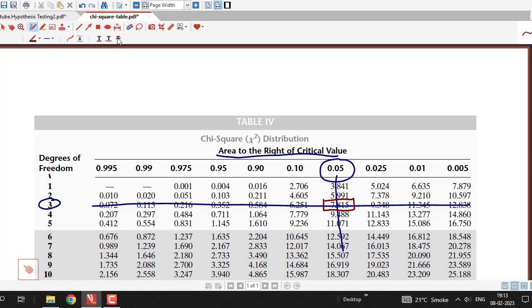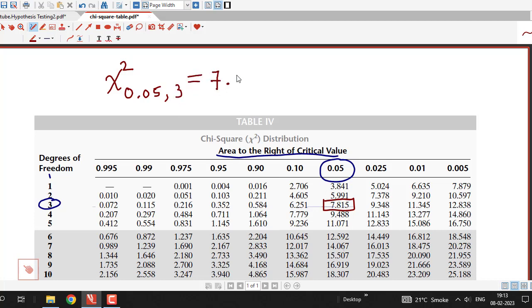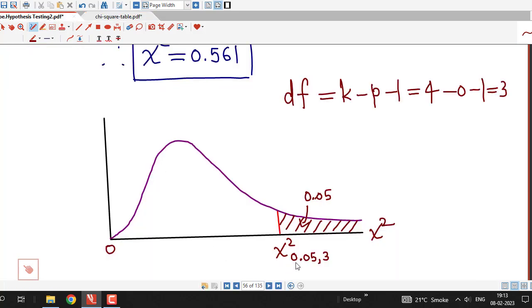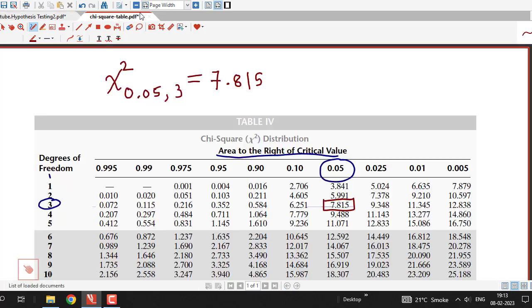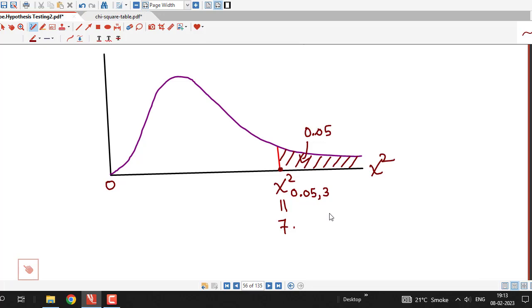So let me remove these two rows now, and we can see the chi-square critical value at 0.05 level of significance with 3 degrees of freedom is 7.815. So we will write it here, this number is 7.815.